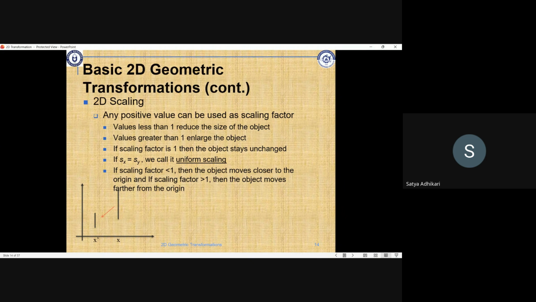After scaling, you will get a small line as compared to the original line, and you see it is closer to the origin. That is, the size decreases here. If size decreases, it means the scaling factor is less than 1, and the object moves closer to the origin.